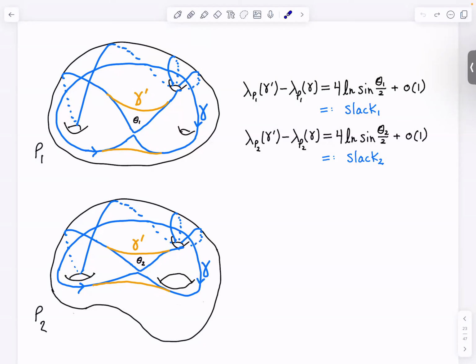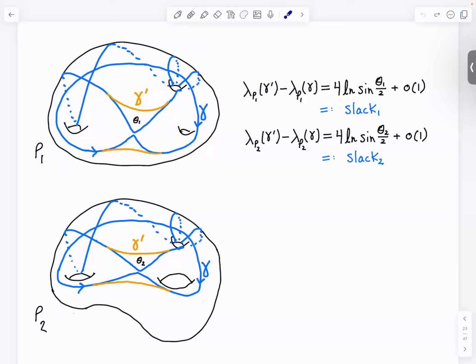So this picture is meant to suggest that yes, gamma prime looks very different near this crossing, but then it gets really close to where gamma used to go, and they run together for the rest of the time in the surface, like so close that your eyeballs can't even tell the difference. But you're right, they are not exactly equal outside of this region. They run very close together through the rest of the surface.